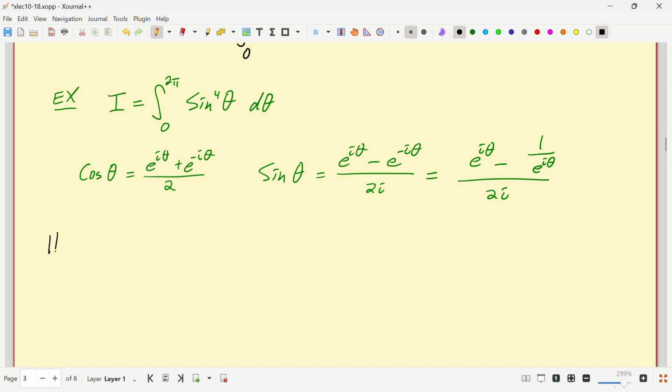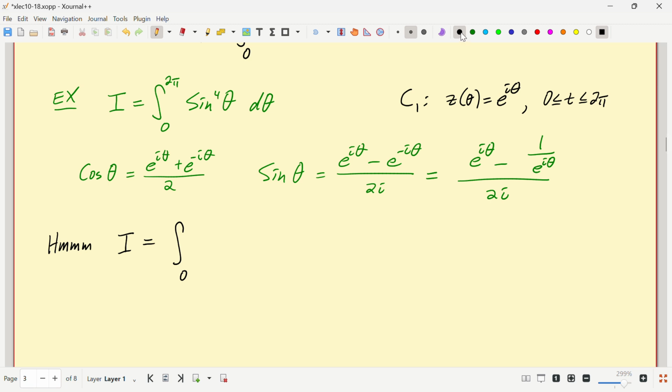So, if I write I, that's the integral from 0 to... let's parameterize the unit circle, C, as z of theta equals e to the i theta as theta goes from 0 to 2 pi. I guess I should call that C1 since it's a unit circle.